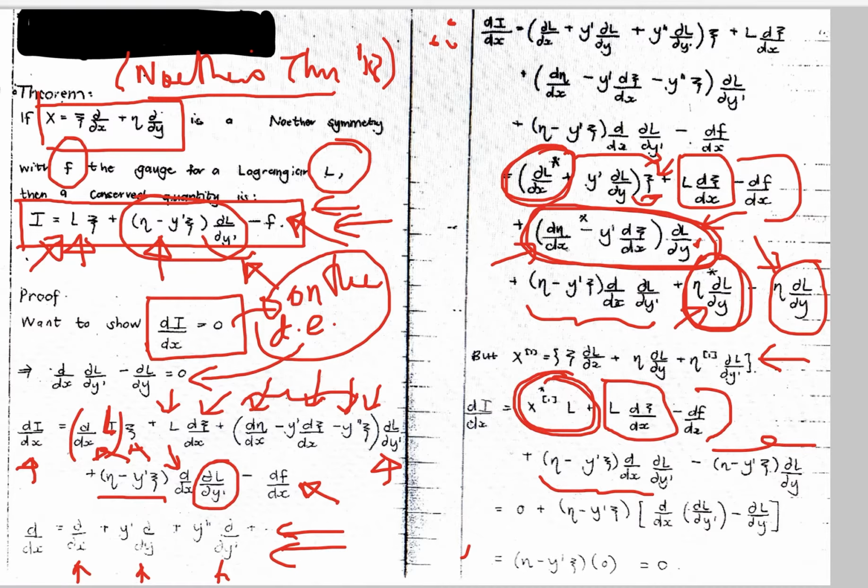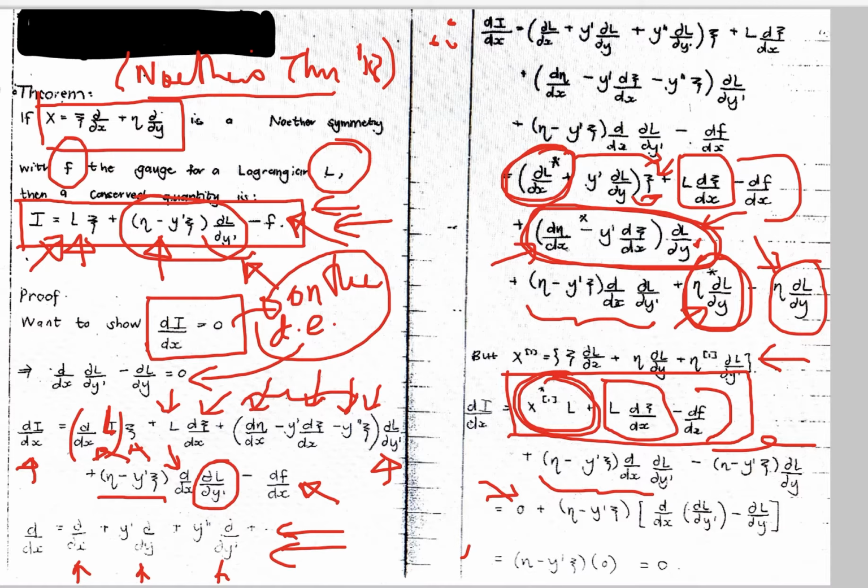Now, how did you calculate Noether symmetries in the previous two lectures? We said we let X1 on L plus L dξ/dx equal df/dx, which means that if X is a Noether symmetry, this thing is in fact equal to 0. And hence I've put in that 0 there.